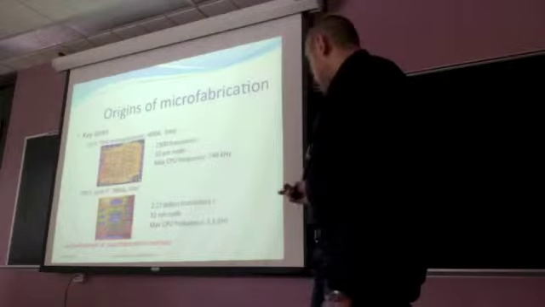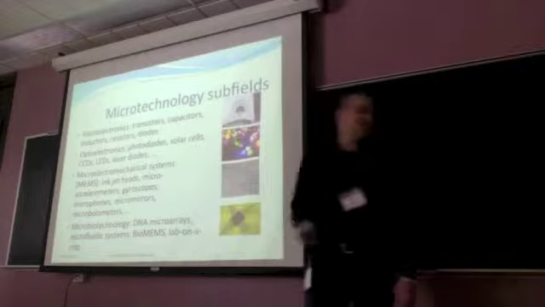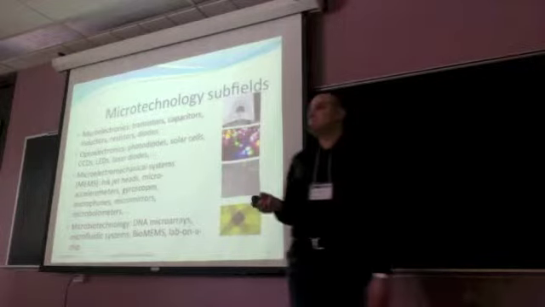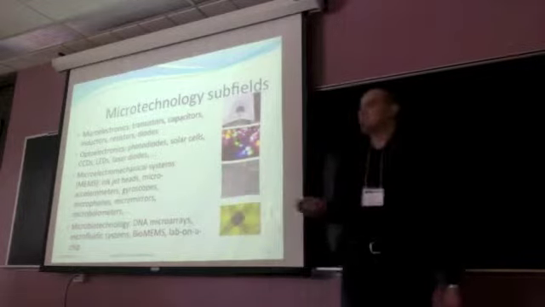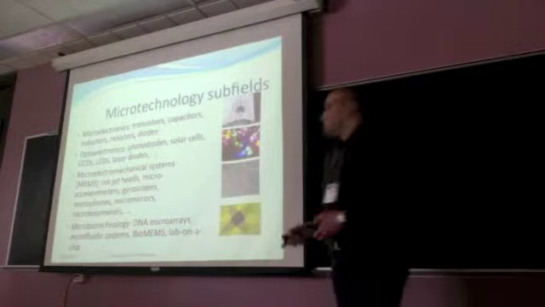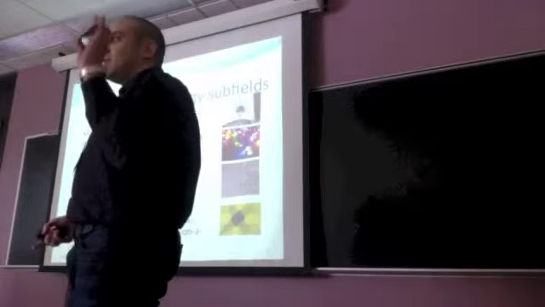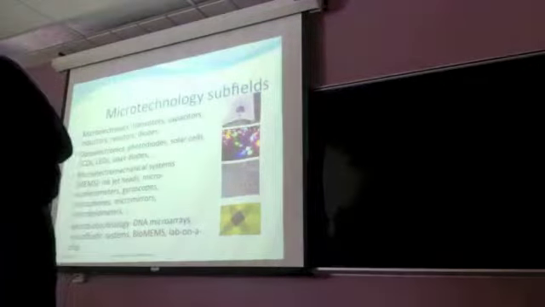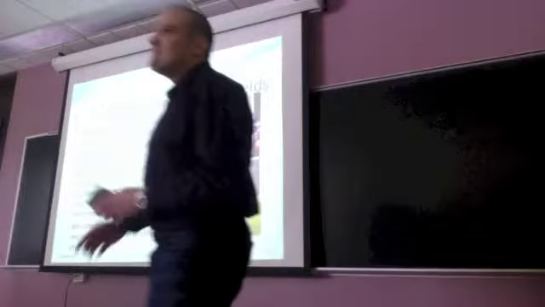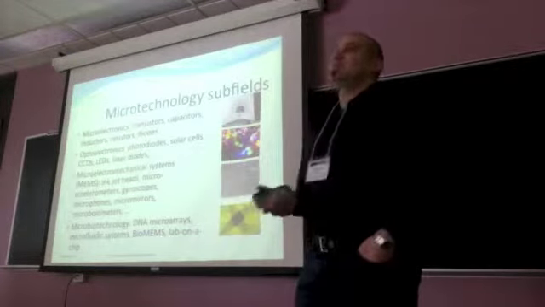So I would like to know how many of you have a smartphone or tablet. A lot of people, of course. Can you tell me which components are inside this kind of device? I'm pretty sure you know some of them. Yes, a processor.